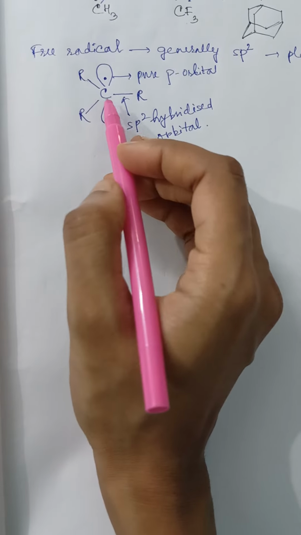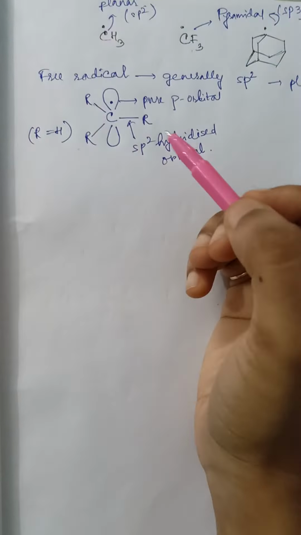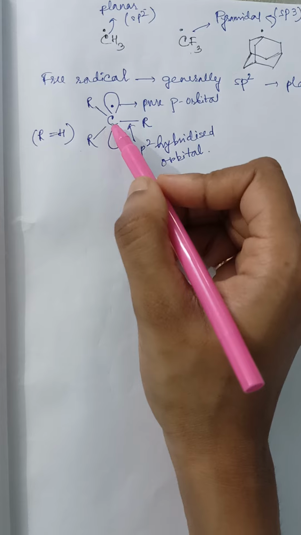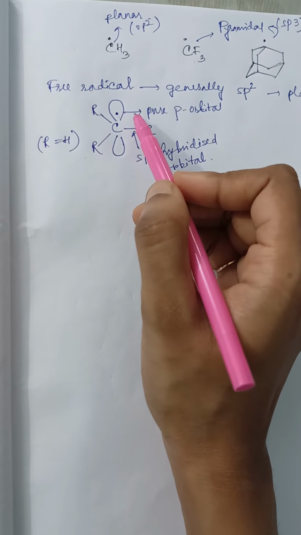Now here, when R equals H, suppose it's a CH3 radical, it is sp2 hybridized, and this radical free electron is in a pure p orbital.